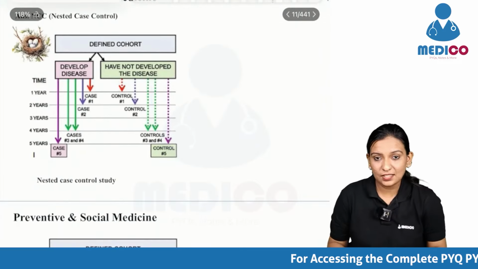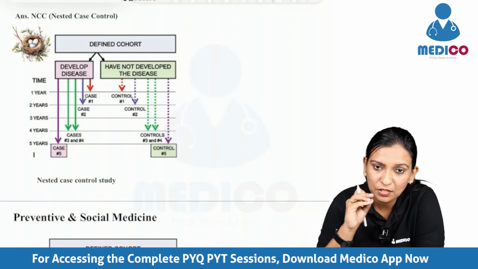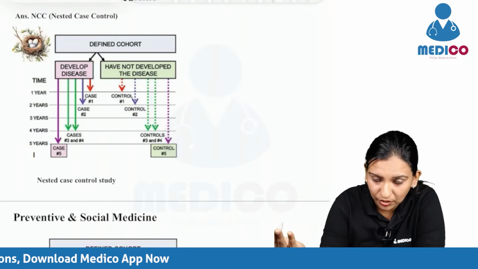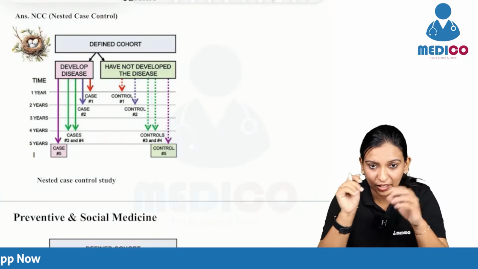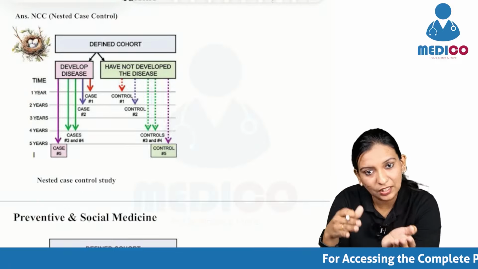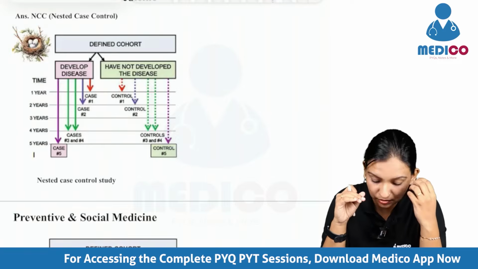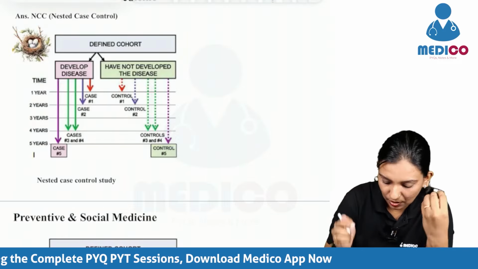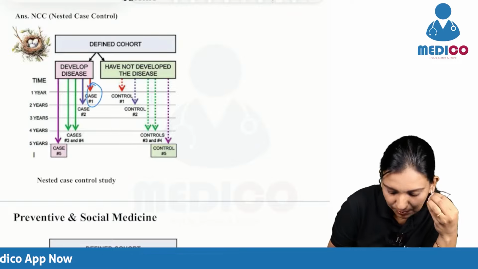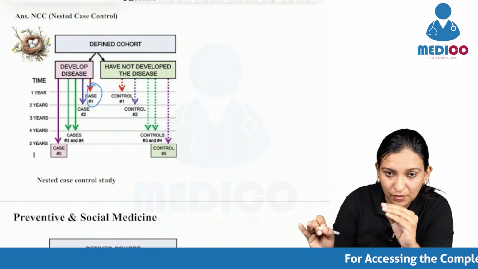So in nested case control, you have a defined cohort. So in cohort, you're following up certain people, right? So they have the risk factor and you're seeing whether they are developing a disease or an outcome. So while you're following up, some people will develop the disease, some people will not develop the disease, some will take more time. So in a nested case control study, what you're doing is, suppose this is my cohort and one person developed a disease. I take him as case 1 and then I take a control similar to him but without the disease.